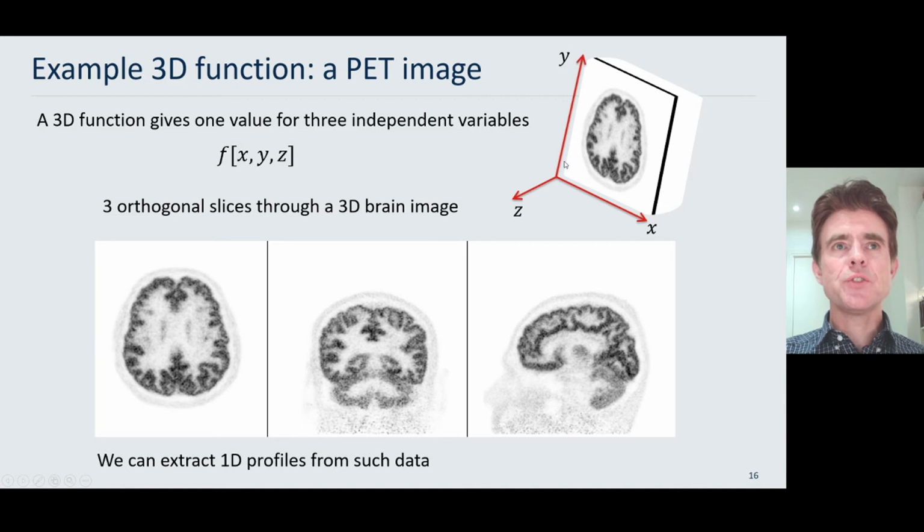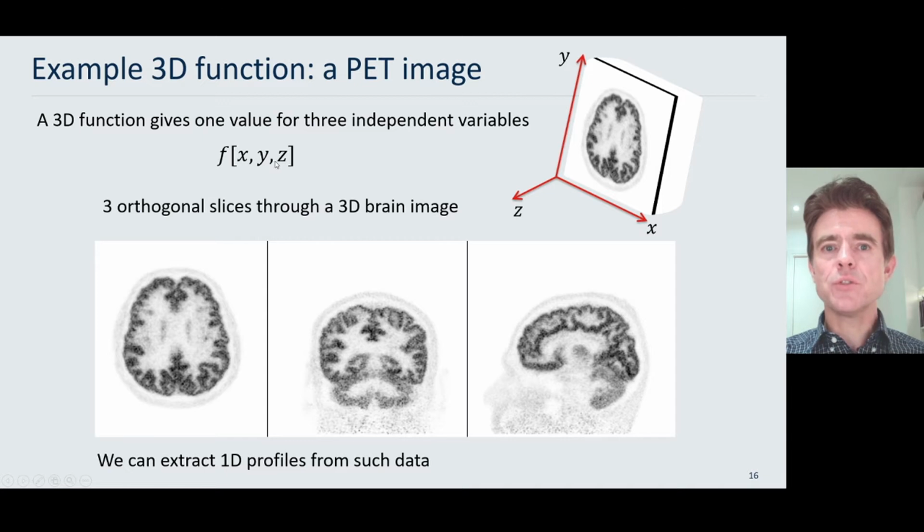Building up complexity further, we could now consider a 3-dimensional function, such as a 3D PET image. You could view that, like in the top right corner here, as a whole series of slices. Here I'm just showing one example 2D slice in x and y. But of course, it's not just x and y.